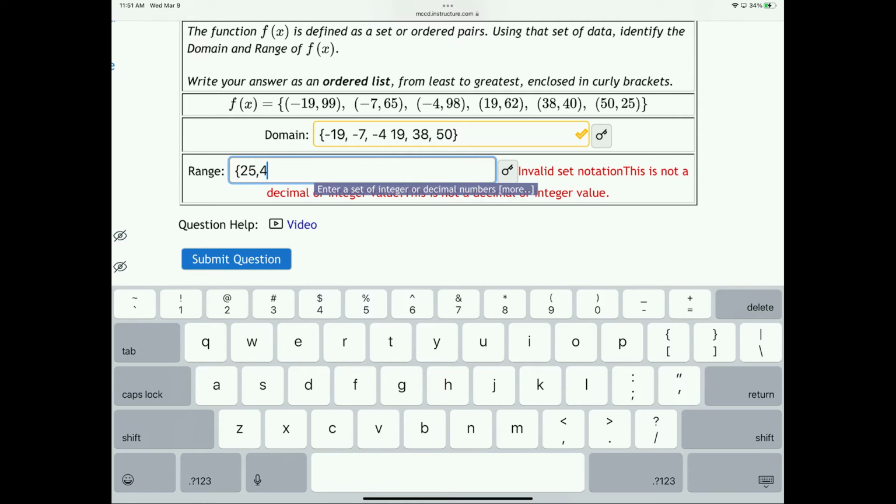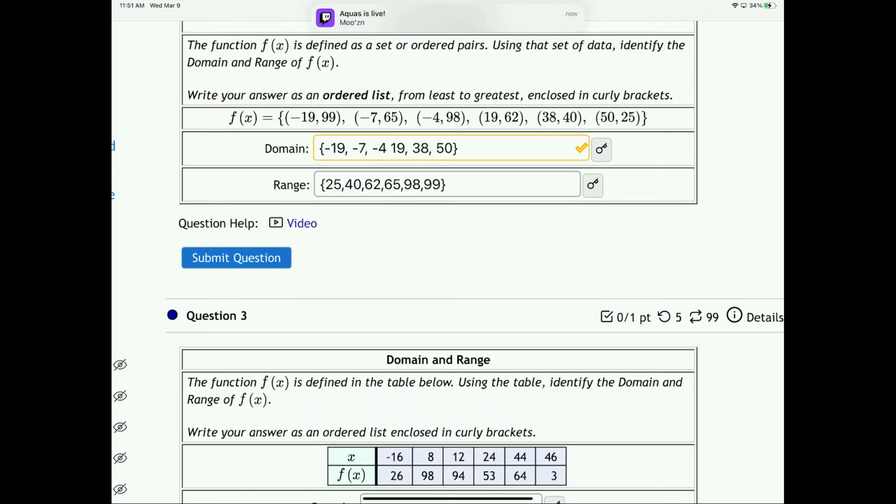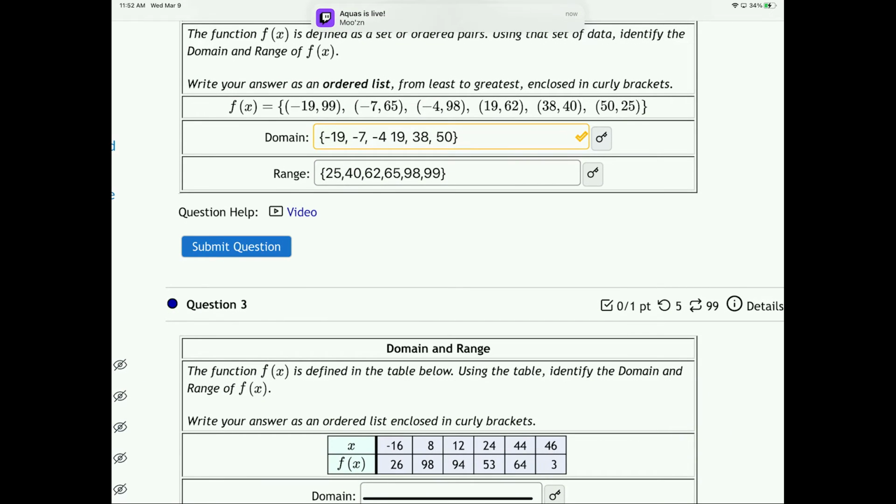The next one is 40, I see. The next one is 62, 65, 98, 99. So I think I've got that.